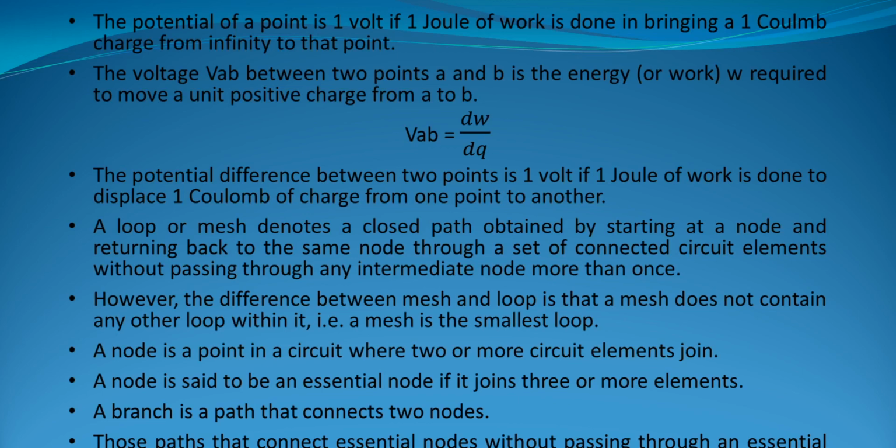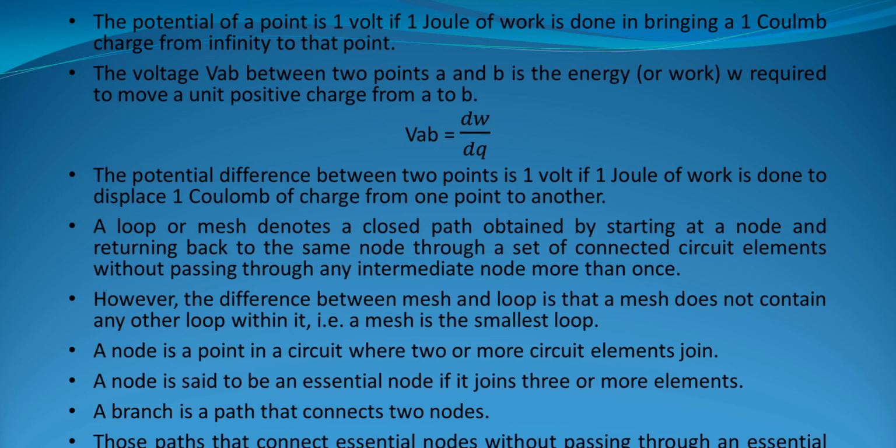So if we move a 1 coulomb charge from a reference point to some point, then its potential will be 1 volt if we need to do 1 joule of work to move that charge from the reference point to a certain point. So the voltage of a point is 1 volt if we move a 1 coulomb charge from a reference point to a certain point whose voltage is being calculated, and for moving that we need 1 joule of work to be done. Then the potential of that point will be termed as 1 volt.